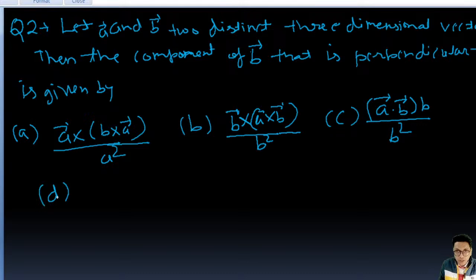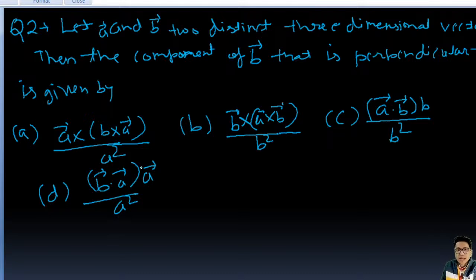Option D is B dot A upon A square into vector A. Okay, so this is the question which is given, and we are going to solve it.